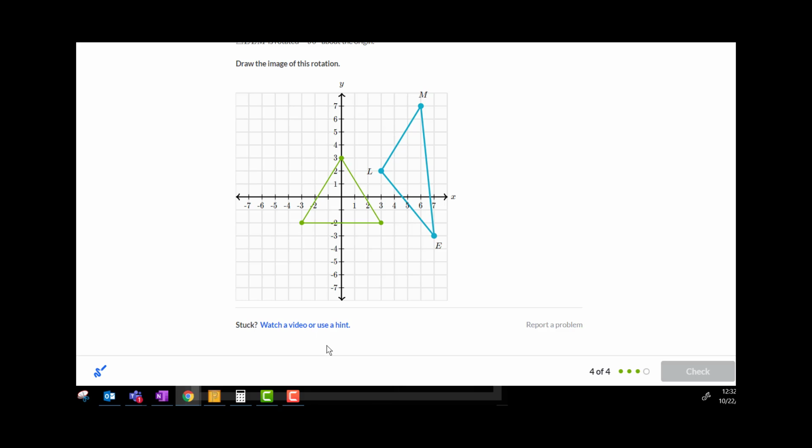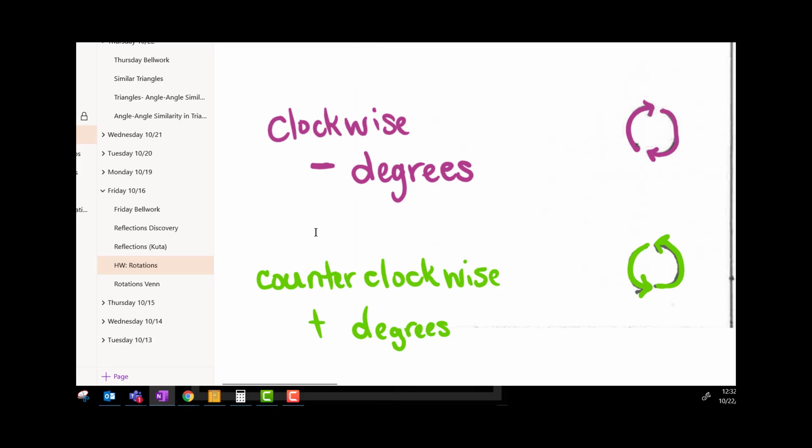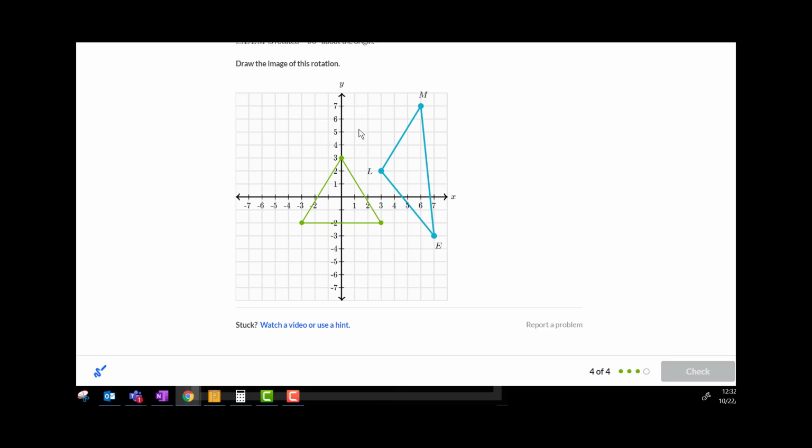Okay, negative 90 degrees, so again, negative degrees is a clockwise rotation. Okay, so this is the pre-image right here in blue, and now I've got to make my image match it. Okay, so negative 90 is a clockwise, and we're moving 90 degrees, so that's 1 quadrant move. So M and L are going to end up down here.